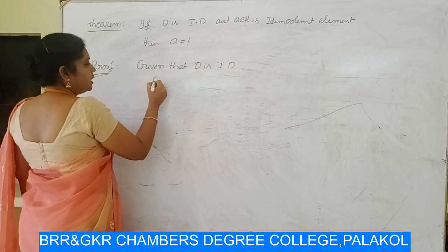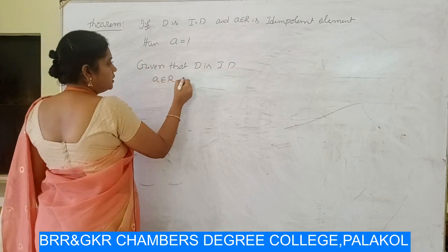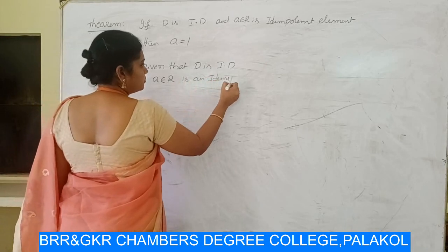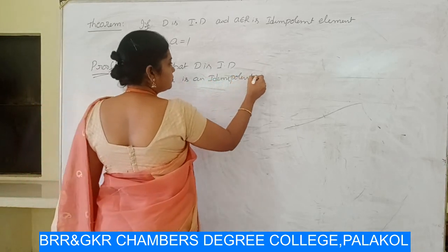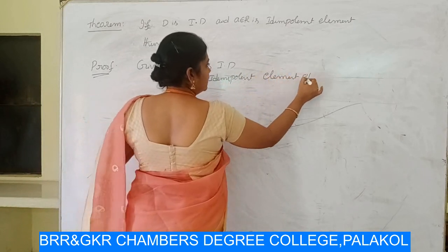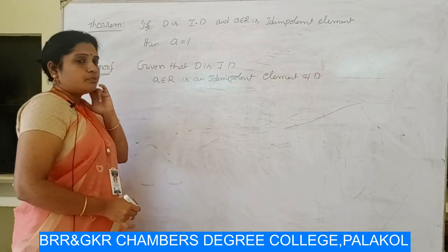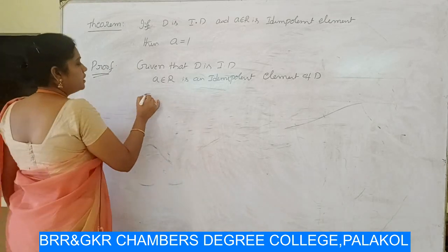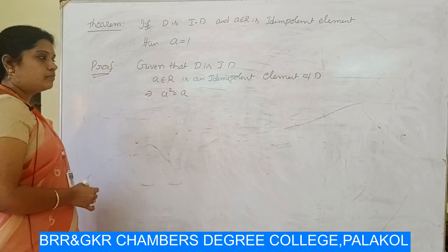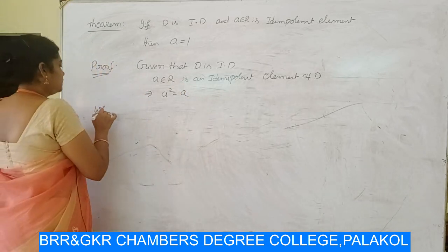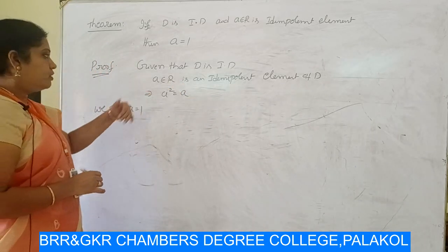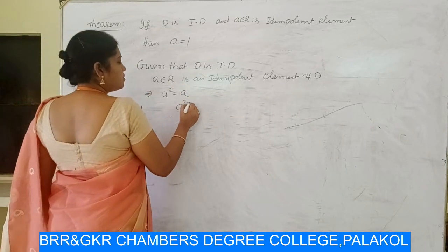If we take A, it belongs to R, is an idempotent element of D. So by definition of an idempotent element, that implies A square is equal to A. Now we prove that A is equal to 1. Now A square is equal to A.